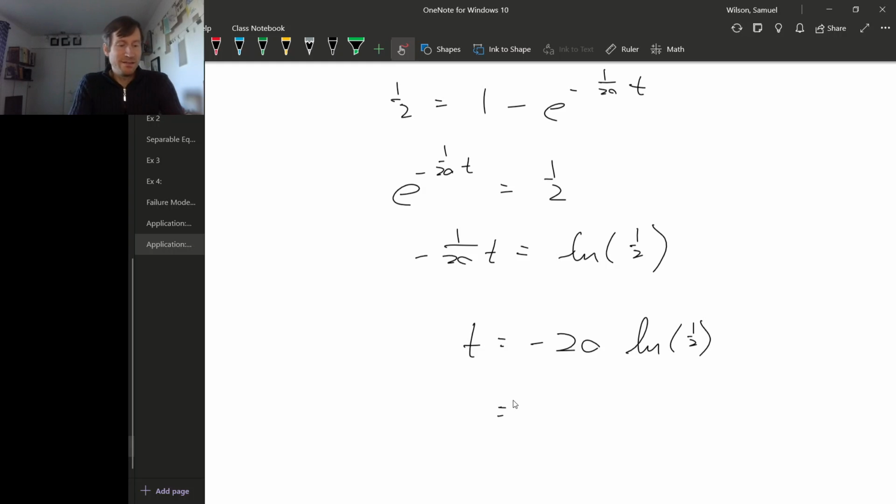That is about 13.86. And this is minutes, since our time units were minutes at the very beginning. So it takes almost 14 minutes for the concentration of the salt water in the tank to reach half of its ultimate final value.